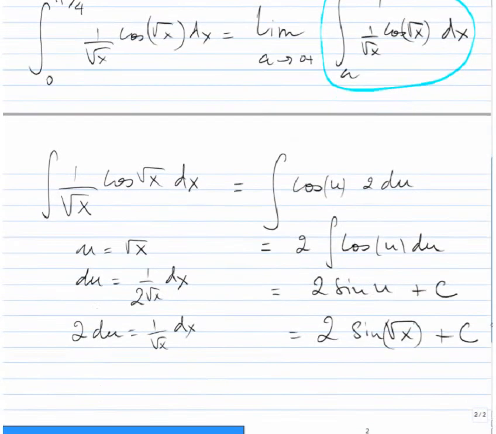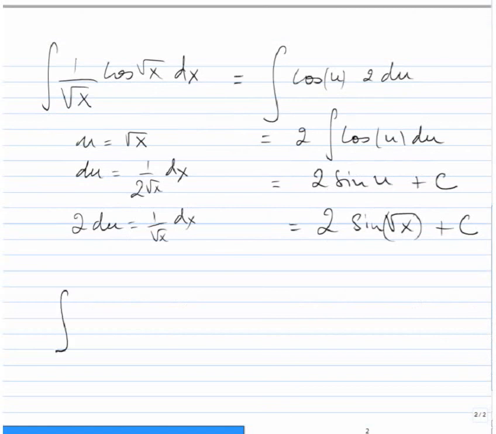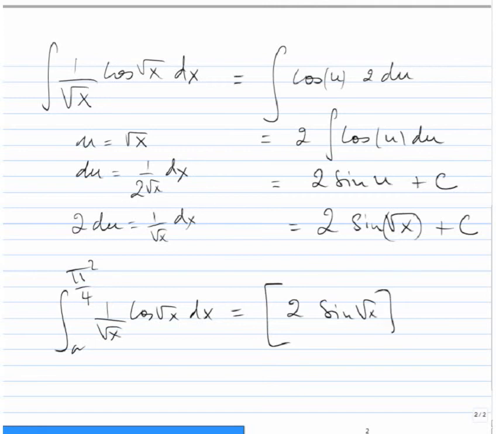Therefore, the integral from a to pi squared over 4 of 1 over square root of x cosine square root of x dx is equal to 2 sine square root of x between a and pi squared over 4.